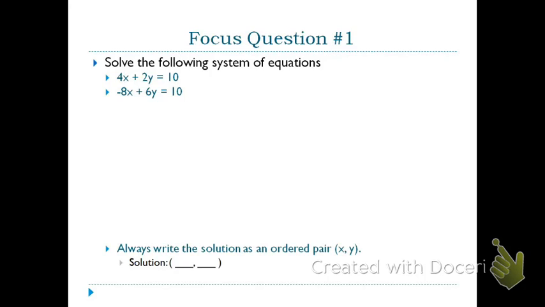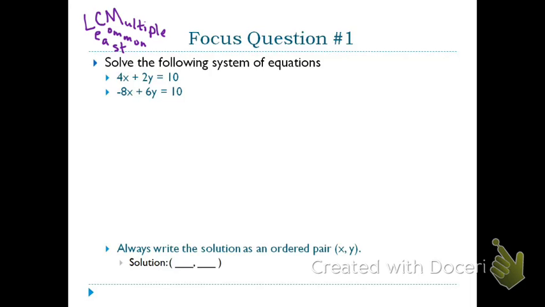Now, if we are trying to eliminate and we see that we have a 4x and a negative 8x, and we look at the y's and we have 2y and 6y. Well, between these, here's one term that maybe you haven't heard in math in a while: LCM, an abbreviation that stands for least common multiple.